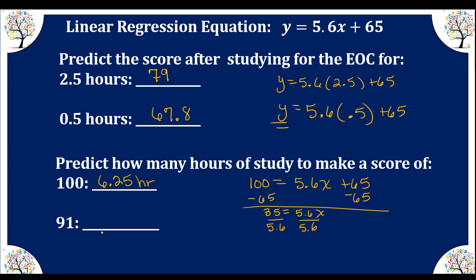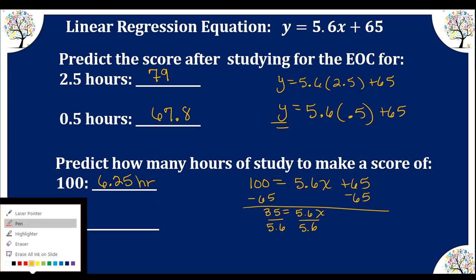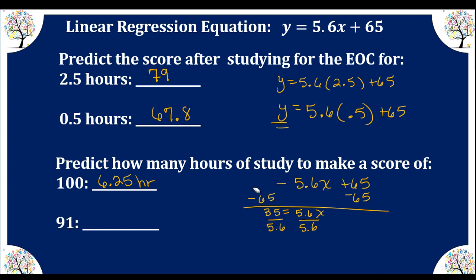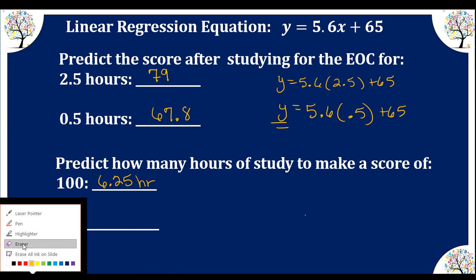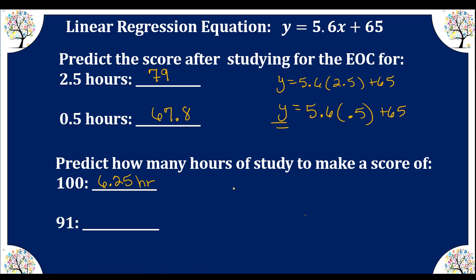Okay, what if I wanted to make a 91? Okay, let me erase this to give us some room here. So this time, let's see how many hours I would have to study if I want to make a 91.